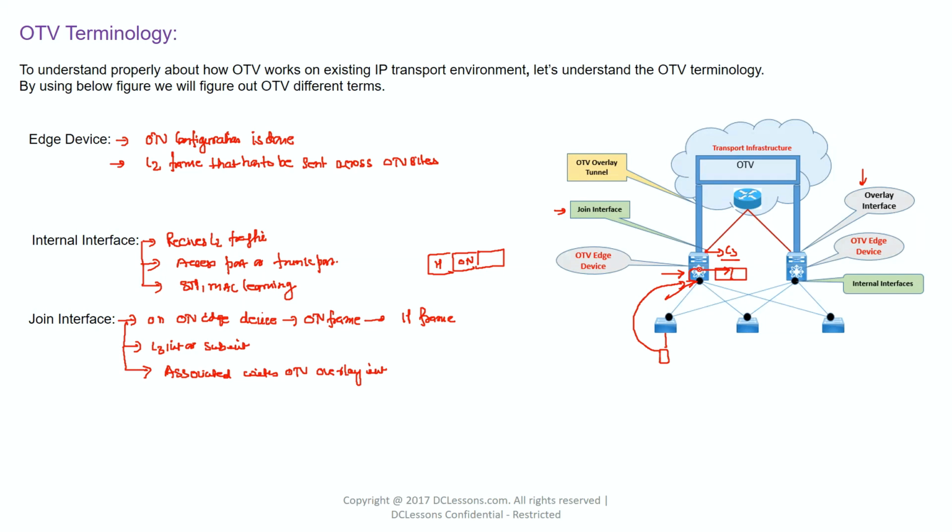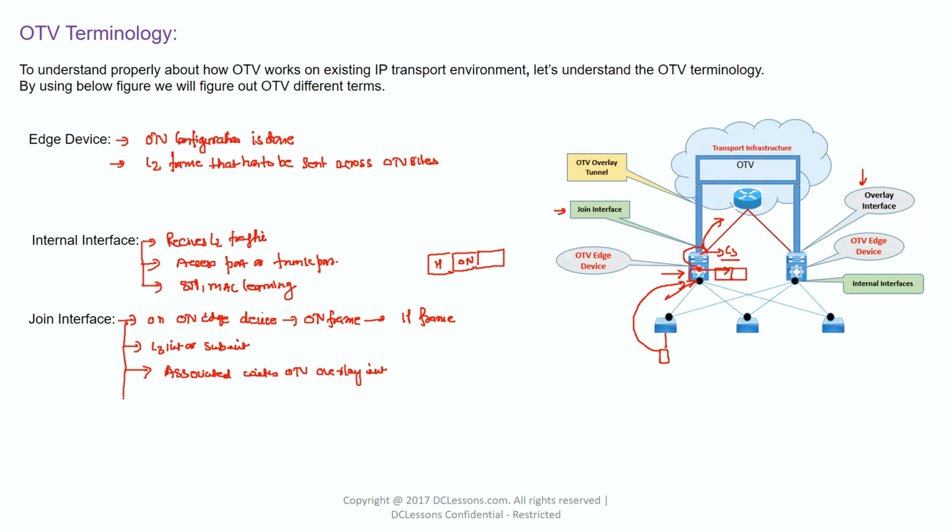The join interface is associated with the OTV interface, so the overlay will forward this packet to the join interface. The join interface will encapsulate it with the IP header and send it across your layer 3 sites.